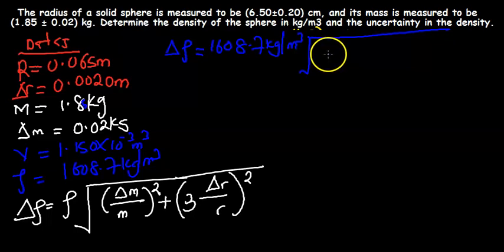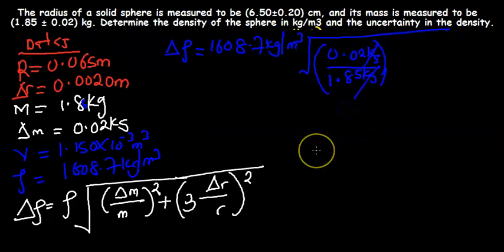This is simply going to be 0.02 in kilogram, divided by what we have here, which is 1.85 in kilogram. Notice that the kilogram here and here will cancel out.